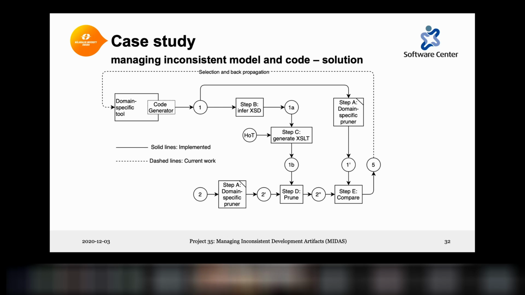From this differences file, we want to allow engineers, again coming back to these general principles, where fully automated backpropagation is probably not ideal. So you want to have some human in the loop to decide which things should and should not be propagated. So what we want to do is allow them to choose what differences should be propagated back and what differences should maybe not be propagated back.